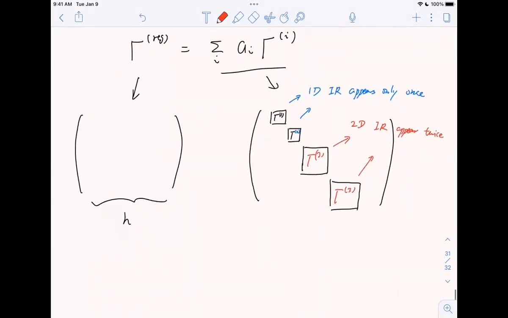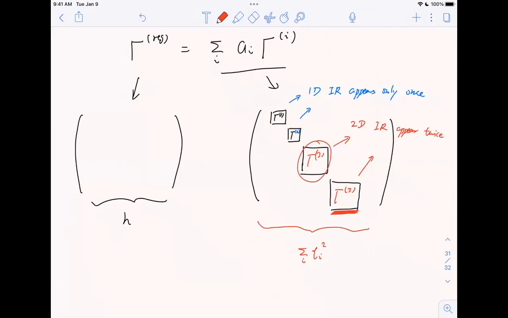So that means, what is the length of here? The length will be L_i squared. You sum over all the I, and because each of this is L_i, and you have L_i of them, so the total length will be L_i squared, and you need to sum over all the I. Is that okay? Like here, you have a dimension 1, and you appear once.